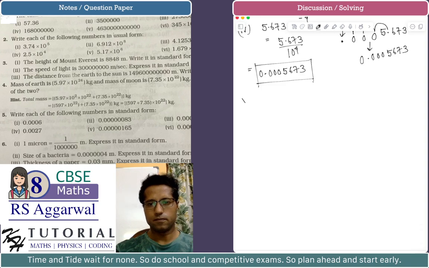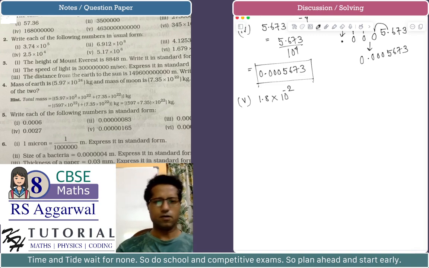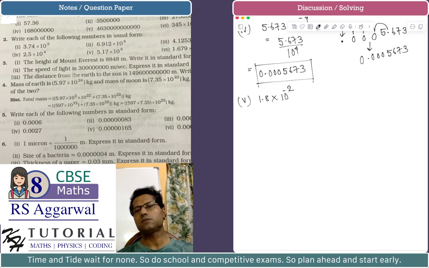Part 5, 1.8 multiplied by 10 to the power minus 2. Now for powers of 10 which are very small, you can do it manually. Obviously this will be nothing but 0.018.